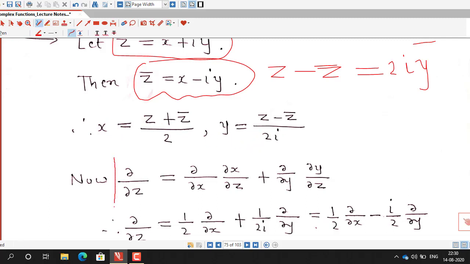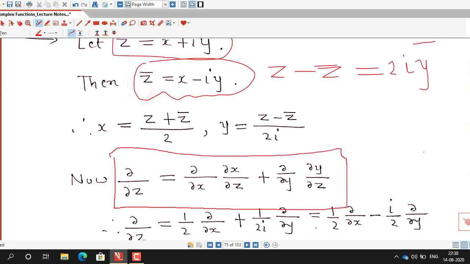Now by chain rule, we have this expression. Partial derivative with respect to z is nothing but partial derivative with respect to x into del x by del z plus partial derivative with respect to y into del y by del z.